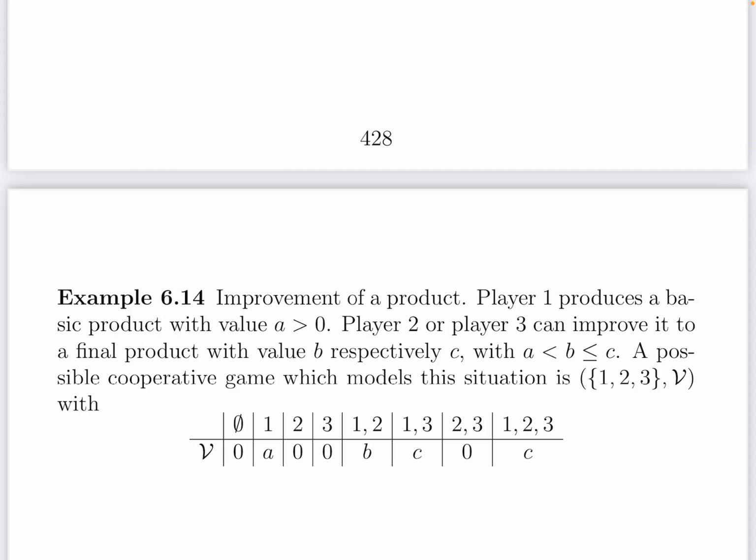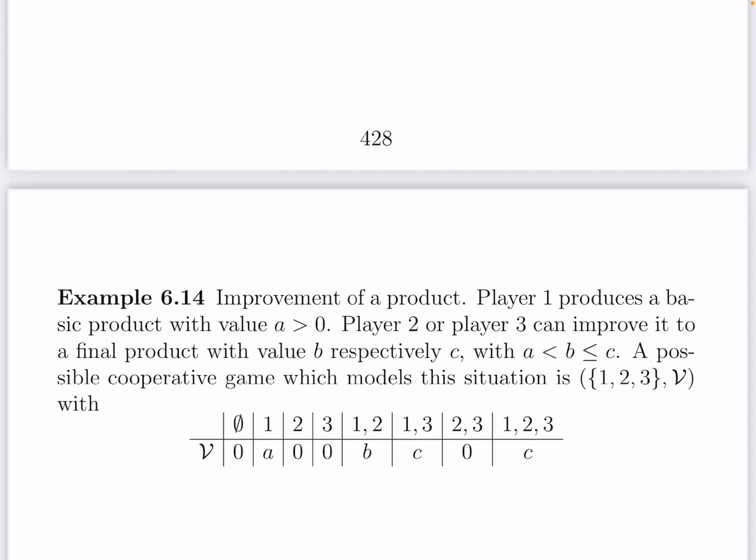So that implies that we can model the situation by the following cooperative game. We have the 3 players 1 to 3, and the coalition valuation is given by value A for player 1, value 0 for player 2, value 0 for player 3, because alone they can't do anything.